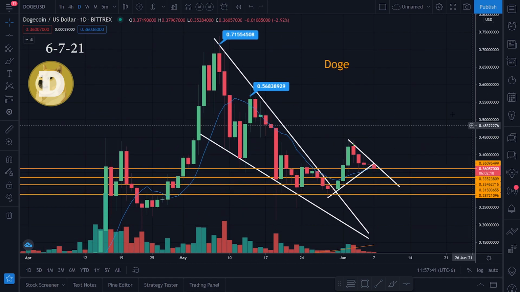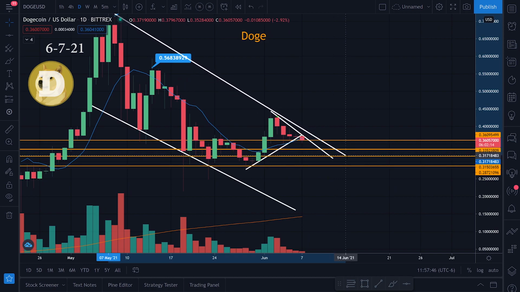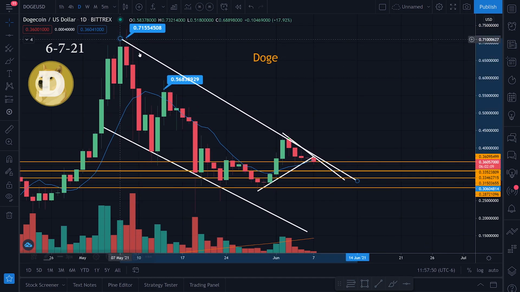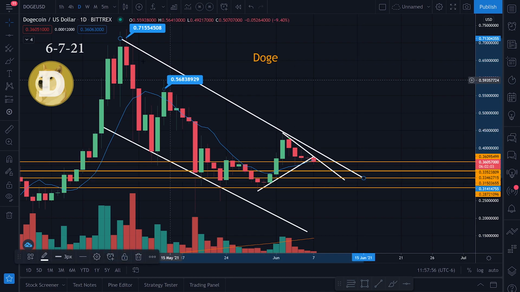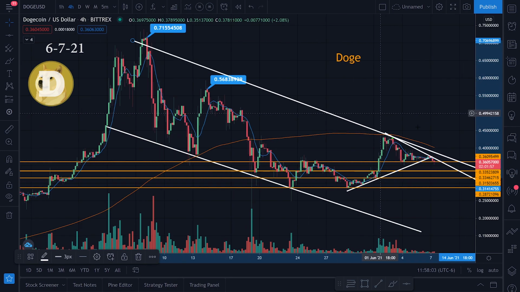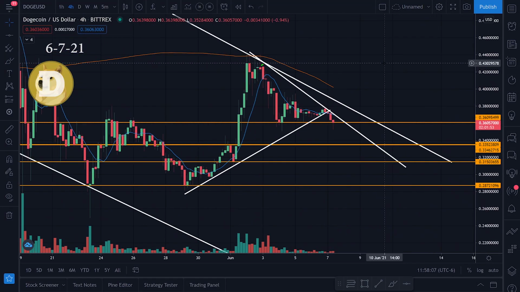We have a bigger pattern, and the other thing I was looking at is I wonder if we actually are forming this kind of falling channel, and now we're having to break this upside again, where this is the downtrend that's giving us problems. So yeah, the different time frames just depend on what candles make the most sense.